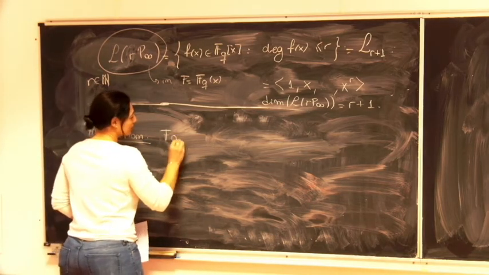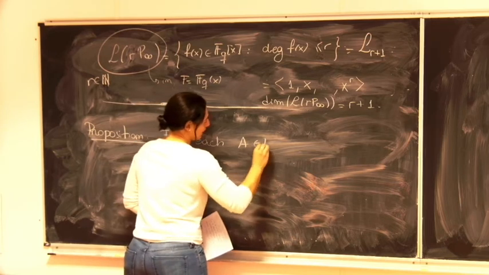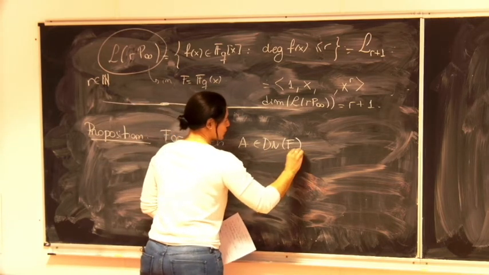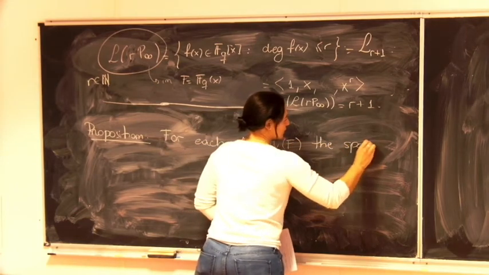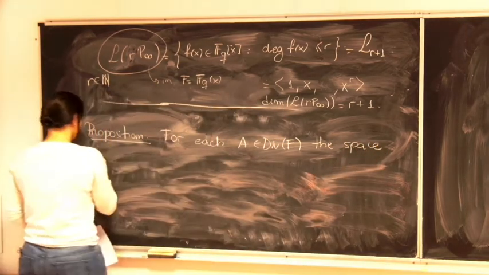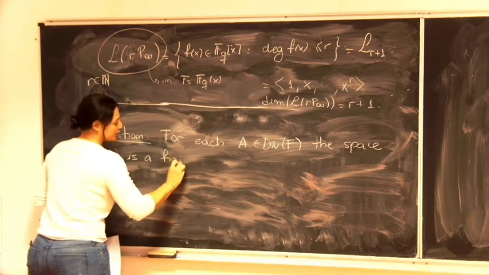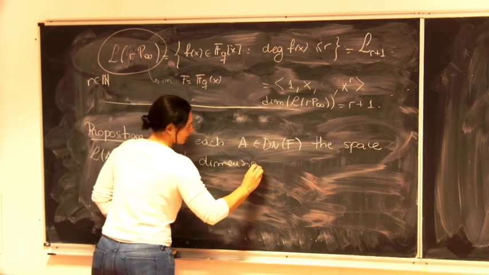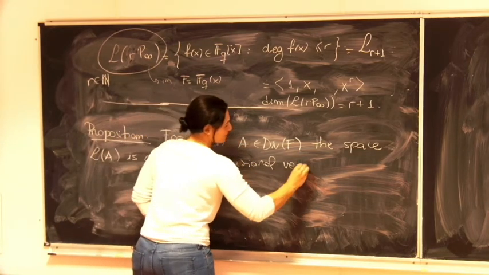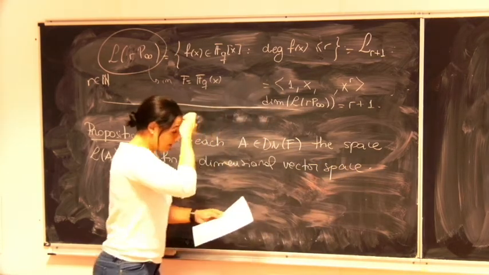So for each divisor A of a function field F, this space L of A is a finite dimensional vector space over Fq.